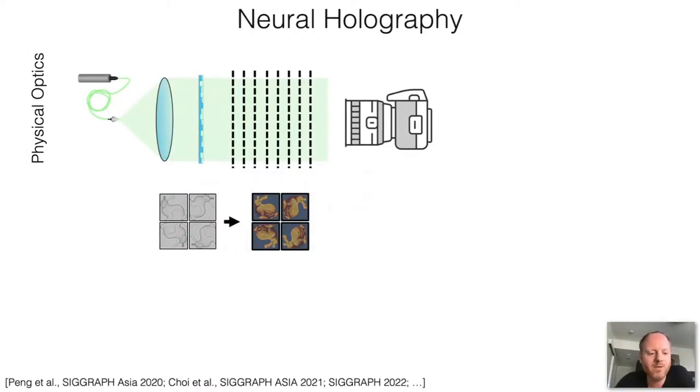This is where we developed a set of techniques that we call Neural Holography, where we try to combine the best of physical optics and traditional models and modern AI techniques. This is a series of papers, and I'll just give you the basic idea in a nutshell: we use a camera that can focus at multiple distances, and we capture many pairs of phase patterns that we show on the SLM and intensity images that we record at multiple different depths.